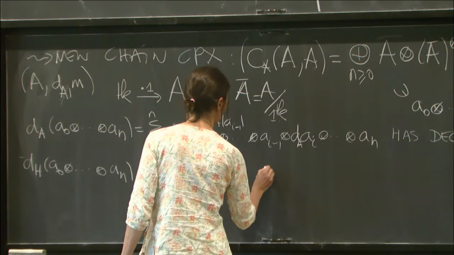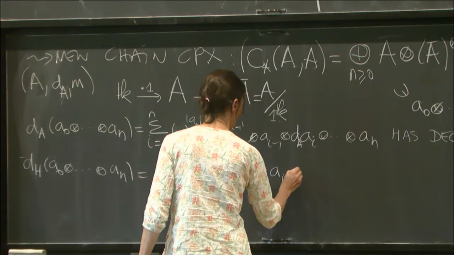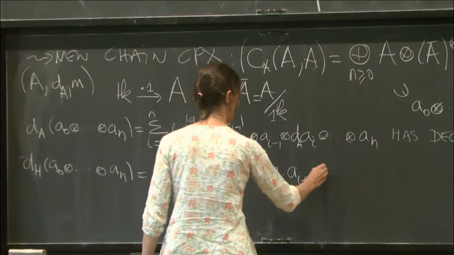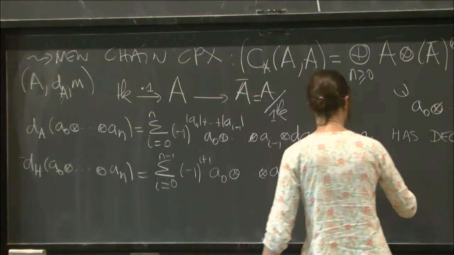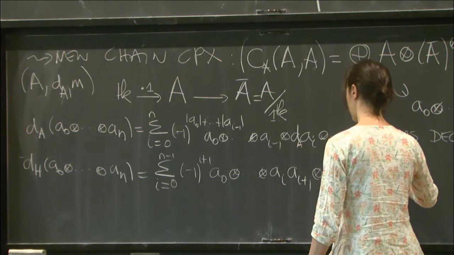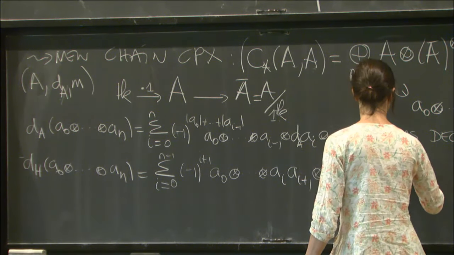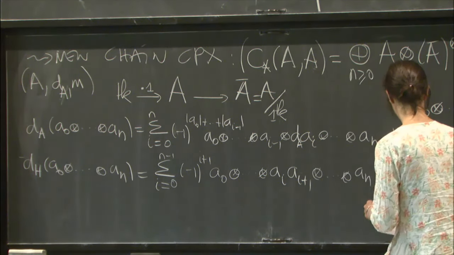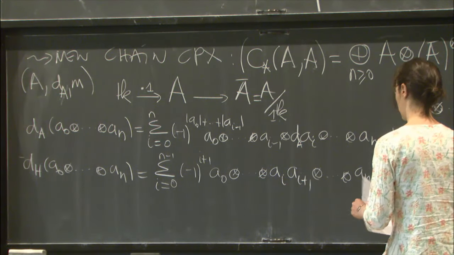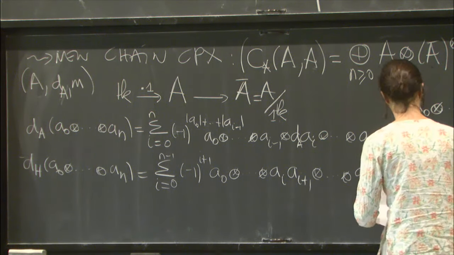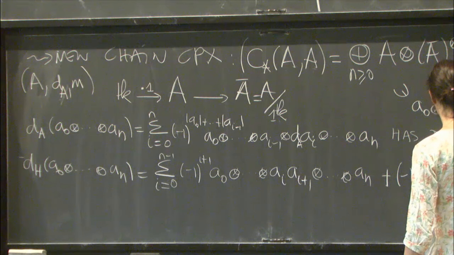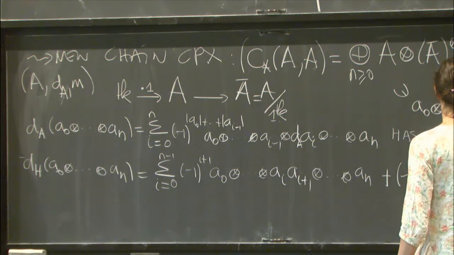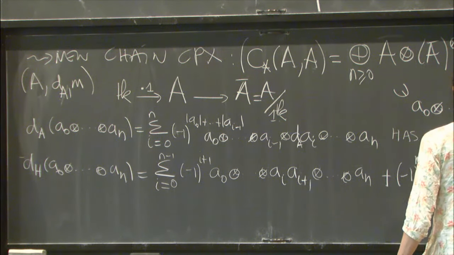A0 tensor AI plus 1 tensor AN, plus minus 1 to the, this is more complicated, n plus 1 plus, it's not too complicated, AN goes past A0, plus AN minus 1.